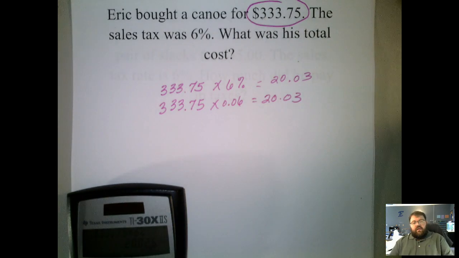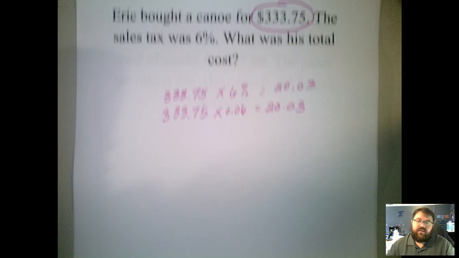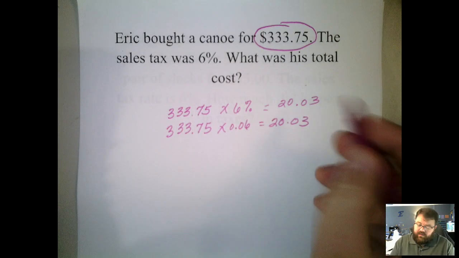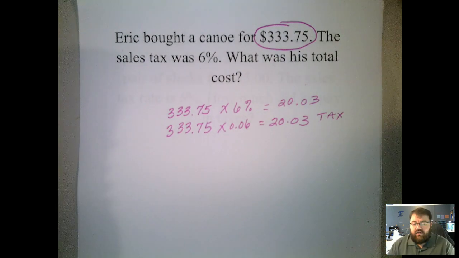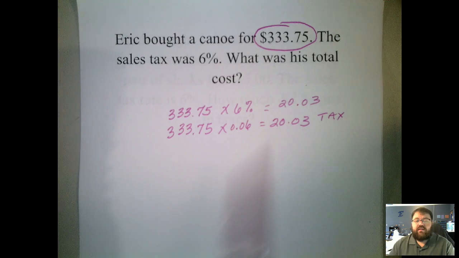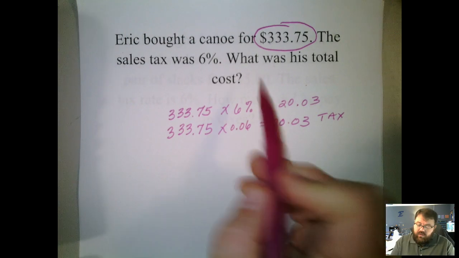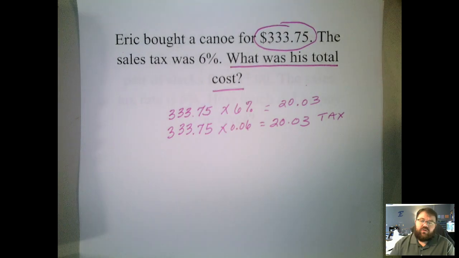Now, what we've just done is simply calculate the tax. This is the tax that the state of Kentucky is charging you to buy this canoe. So his total bill is not $20.03. That is the tax.